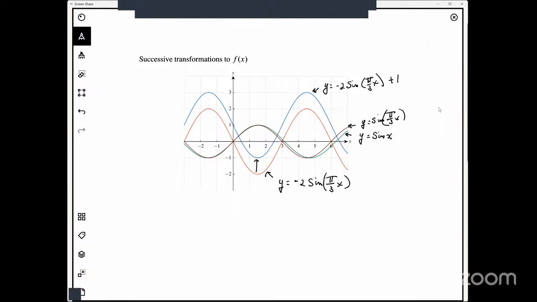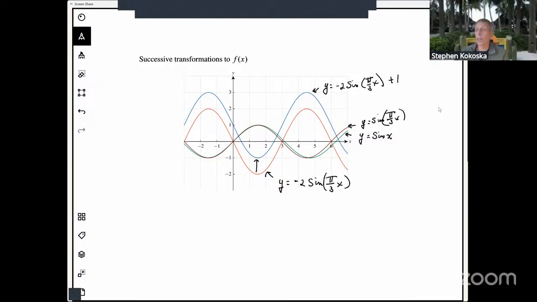But there was a great comment that was made when you said, well, there's no horizontal shift. One person put in the chat, no horizontal shift? Or is it that there is no reflection? And yes, you could write this one with a horizontal phase shift and no reflection, and get the same graph.